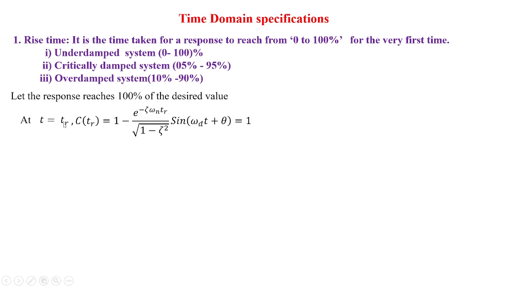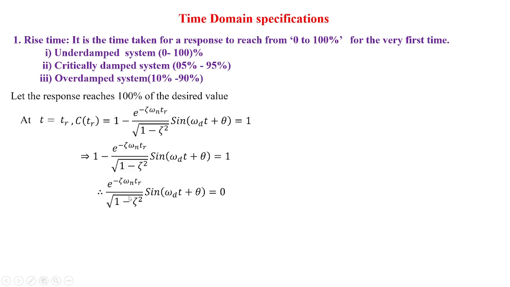So at t equal to rise time, we are going to make c(tr) from the second order system output equal to 1. Now when this is made equal to 1, we are left with e to the power of minus zeta omega n tr by square root of 1 minus zeta square, sine of (omega d tr plus theta) equal to 0.